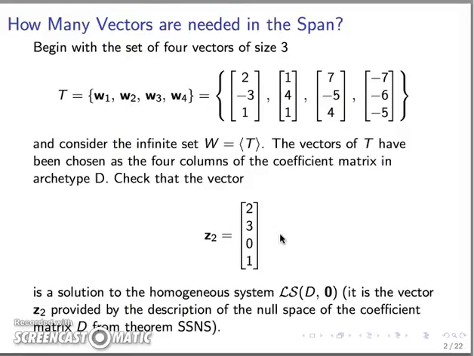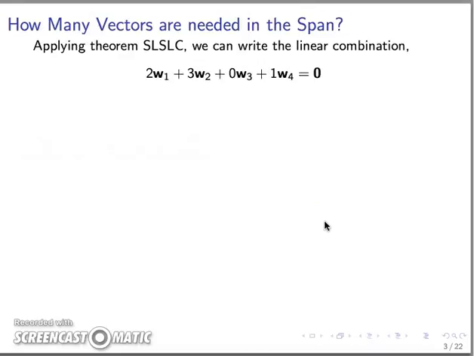We are going to consider the following. Here is a vector that we call z sub 2. It is not that difficult to verify that it is a solution of this specific homogeneous system. We're going to do this verification. Notice that by reading the coefficients, we write the coefficients on the side.